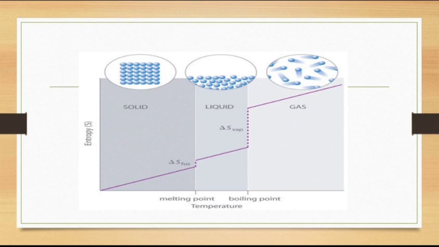Then when this solid is heated, it will get converted into a liquid, in which the entropy will be greater than the solid, because the orderness is decreased by applying temperature. That is why there is randomness, but only a certain randomness, not much.